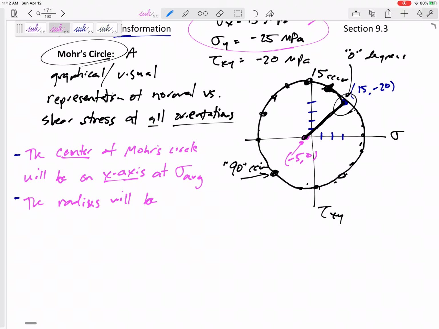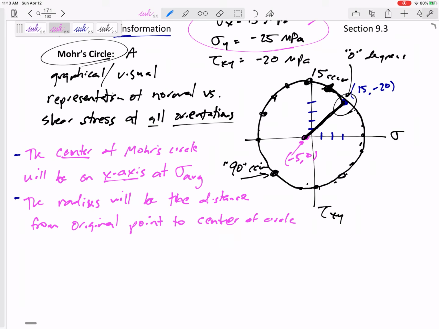So the radius will be the distance from the original point to the center of your circle.